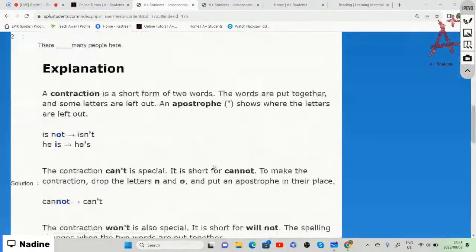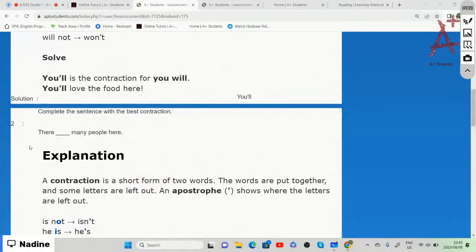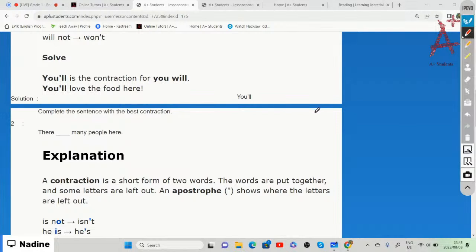So let's choose another one. We need to say there are not many people here. We need to shorten these words. If we shorten those two words, then we can say aren't.